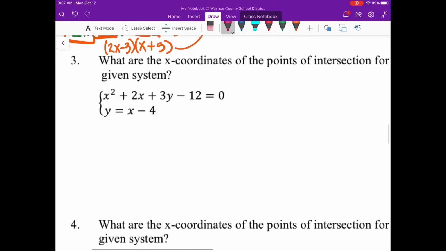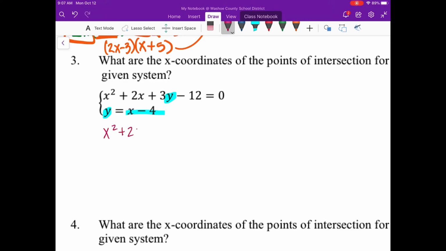And so I have 2 equations, and then I have a y in here. So it's not y equals. Now I could set it equal to y. I'd have to move things around, combine like terms. Or I could substitute in the y value, because I also have this over here, and y represents x minus 4. So that's the route I'm going to take in this one.